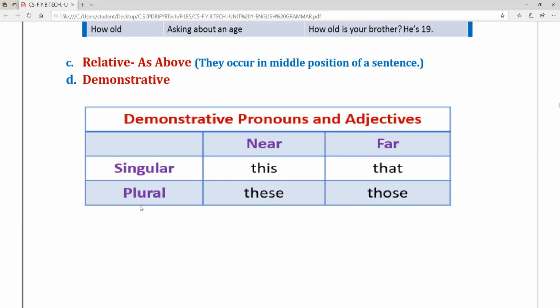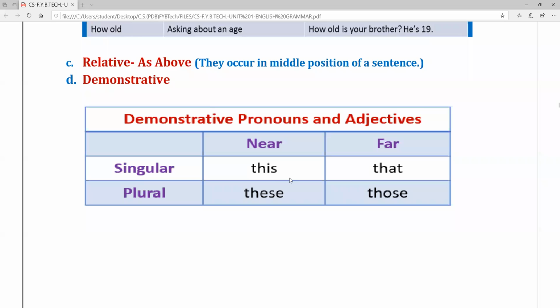For example, this is my pen, that is my pen, these are my pens, those are my pens. If a thing is singular, this is my mobile. If plural, these are my mobiles. जेव्हा ती गोष्ट जवळ असेल तेव्हा आपण these ने इंडिकेट करतो.